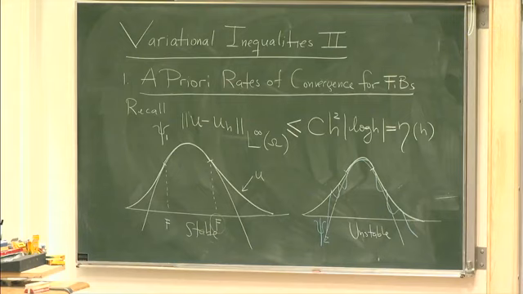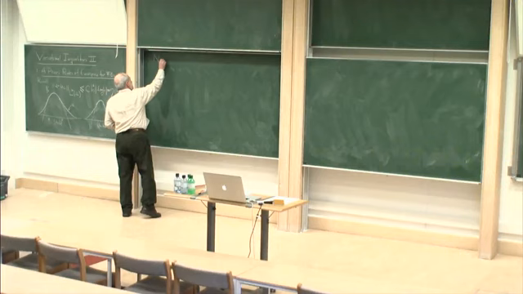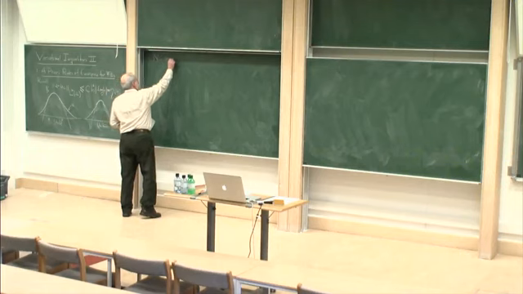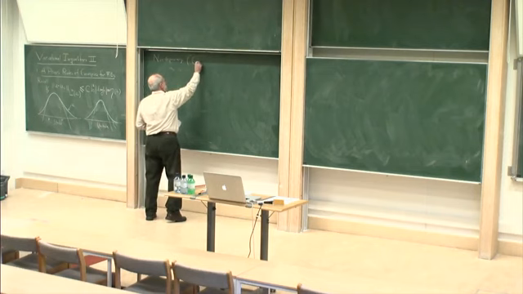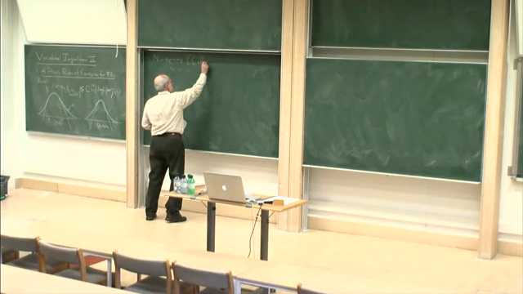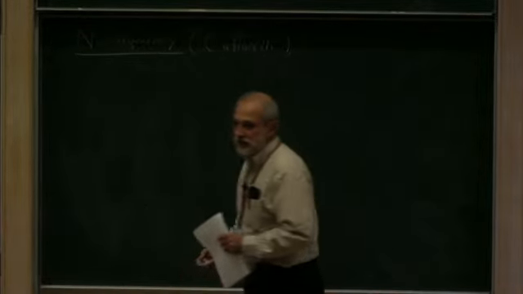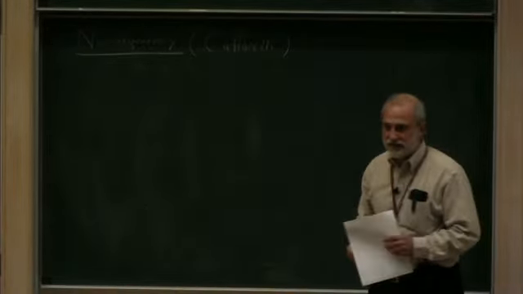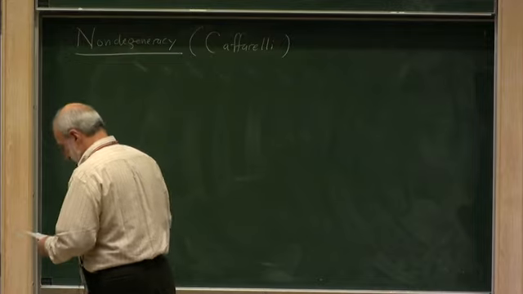And this, in the literature of free boundaries, comes by the name of non-degeneracy. The concept goes back to Caffarelli, early 80s, and it has been used many times, particularly in the context of obstacle problems.